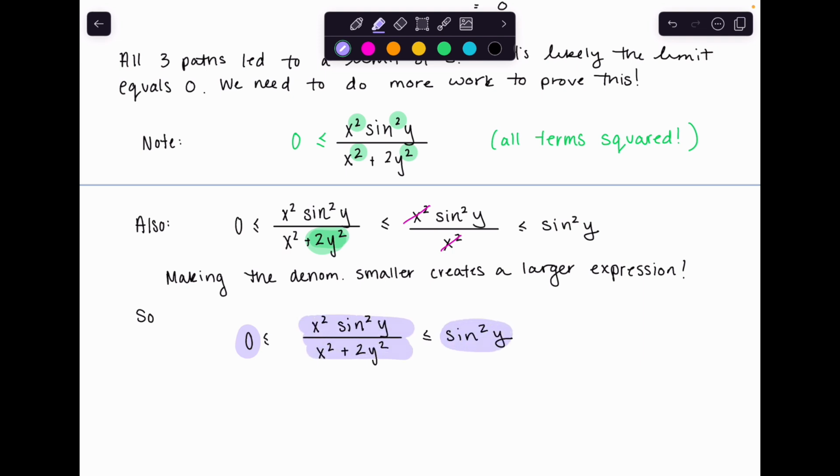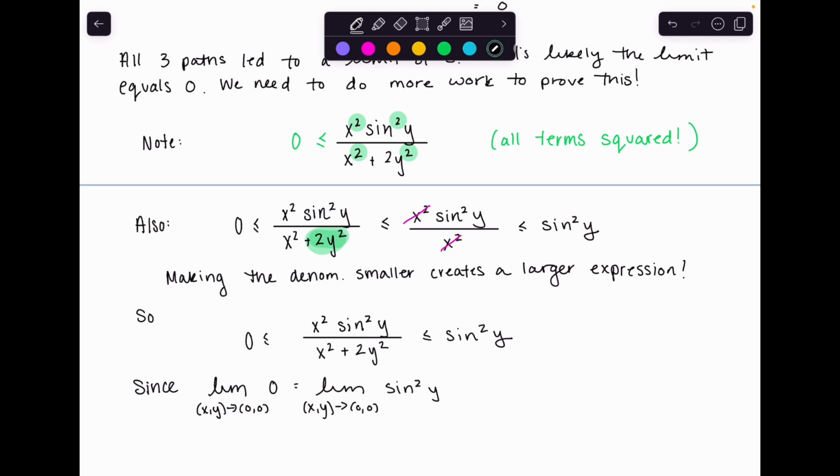By the squeeze theorem, the thing in the middle also has to go to 0. So stating that all out, the limit as (x,y) approaches (0,0) of sine squared of y, these are both 0 by the squeeze theorem.